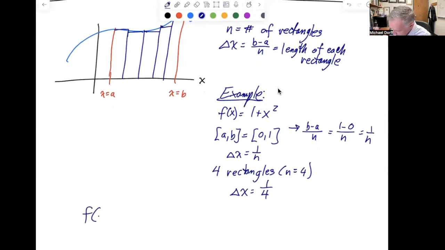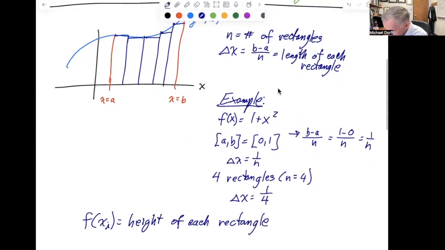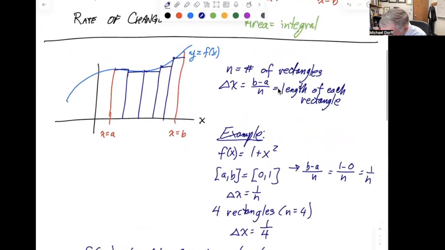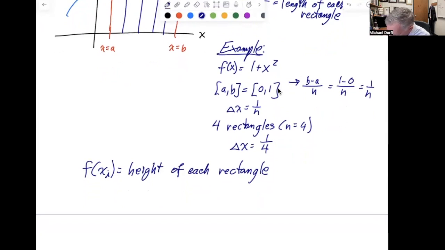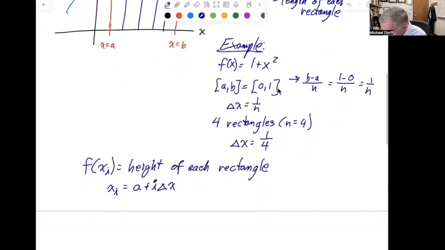Then f of x sub i is going to equal the height of each rectangle. And it's going to change for each of the rectangles. You can see in this picture here, the height is going to change. And we're going to call x sub i equal to a plus i delta x.